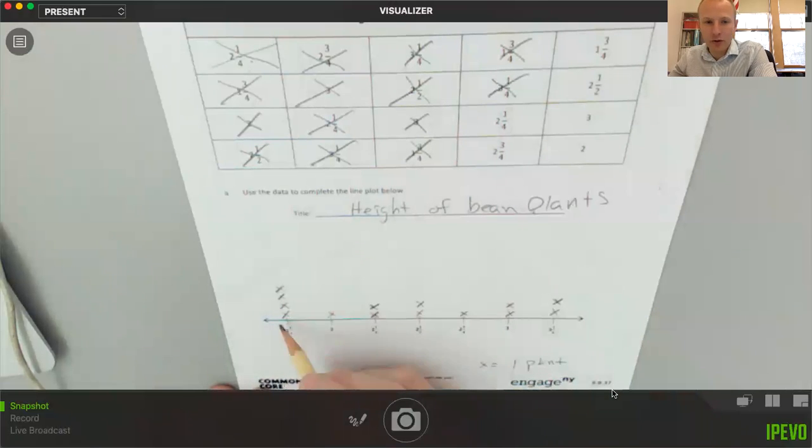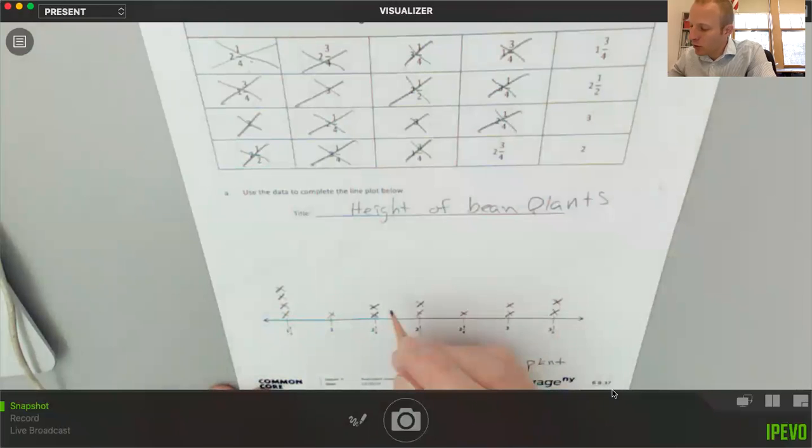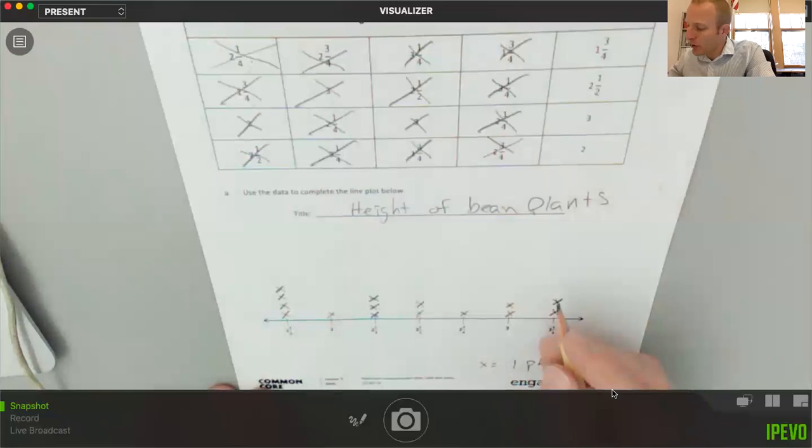So look, now we can see we have 1, 2, 3, 4 plants measuring 1 3/4. 2 1/4. 2 1/4 is the same as 2 and 1/4, we can use those interchangeably. 2 3/4.